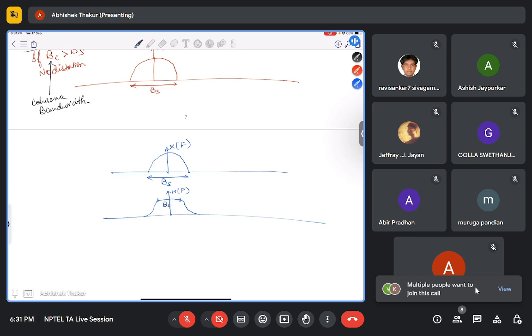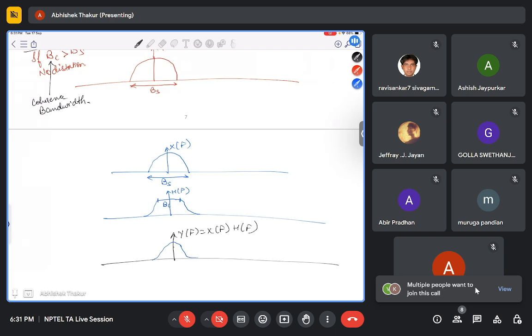Now the final one is the received symbol. So this time it changes, and from Bc it won't be exactly the transmitted symbol X(f). So this value will change this time, and Y(f) is equal to X(f) into H(f).